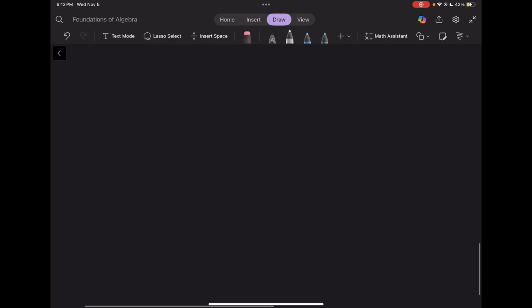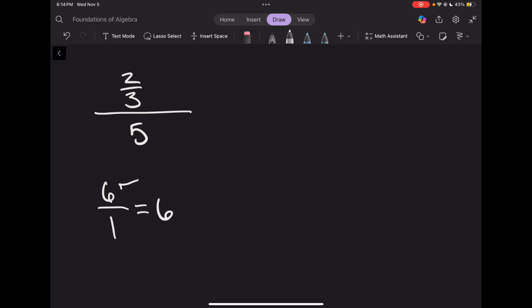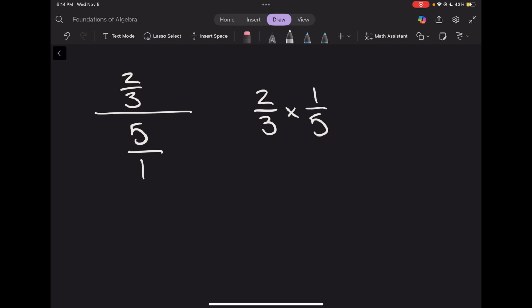But what if I have something like 2 over 3 over 5? And 5 is just a whole number, a regular number, if you must. Well, if you can recall, if we have any number over 1, it's going to be that number, right? So then what happens is we can throw this 5 over a 1, and if we apply our Kentucky Fried Chicken rule, well, then we have 2 over 3 times 1 over 5.